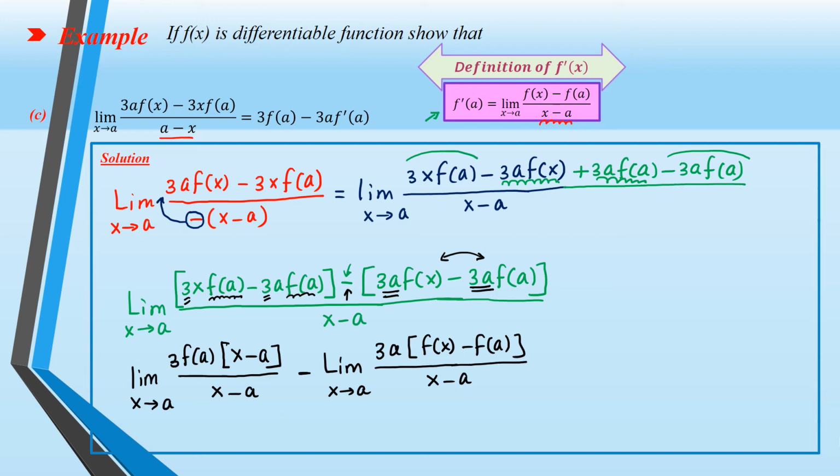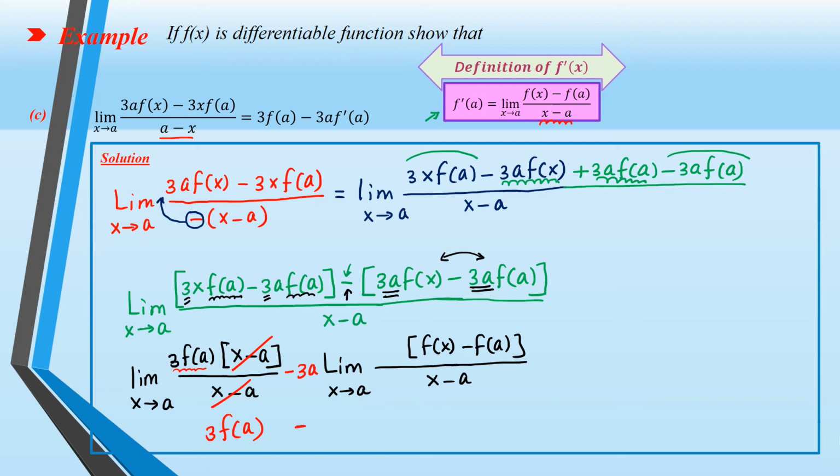Now with more simplification, 3a f of a is a constant, and also you can cancel x minus a with x minus a, and you will get 3 f of a in the first limit, minus 3a, and 3a is a constant, so you can move it outside.